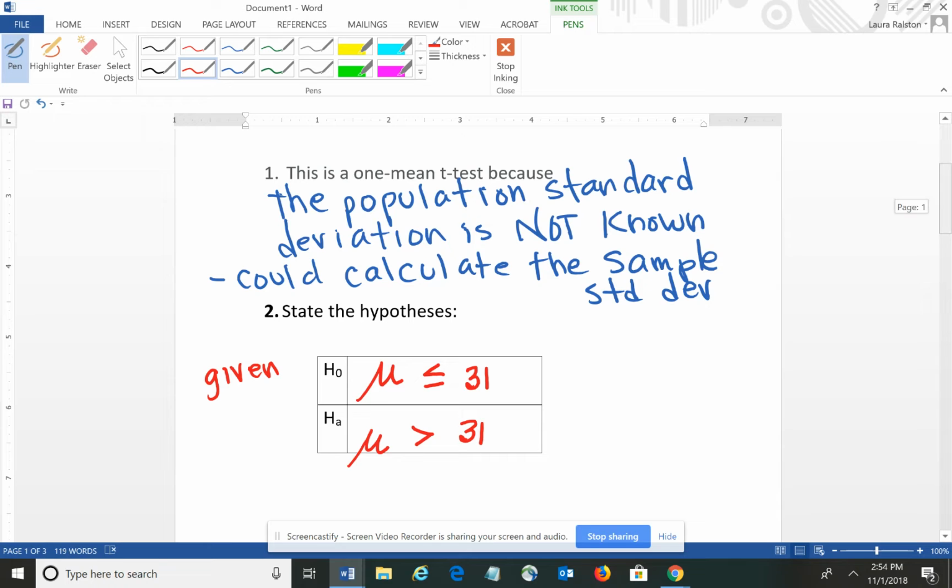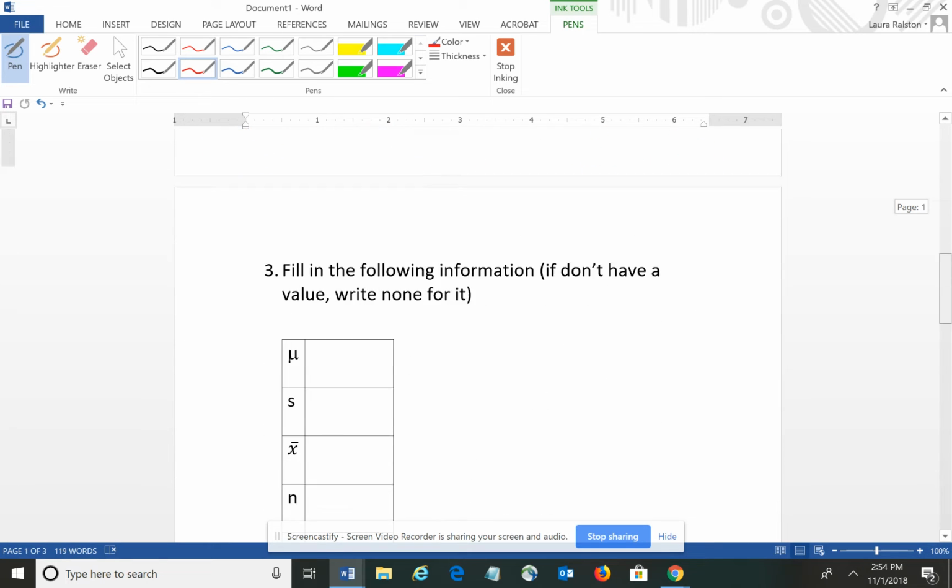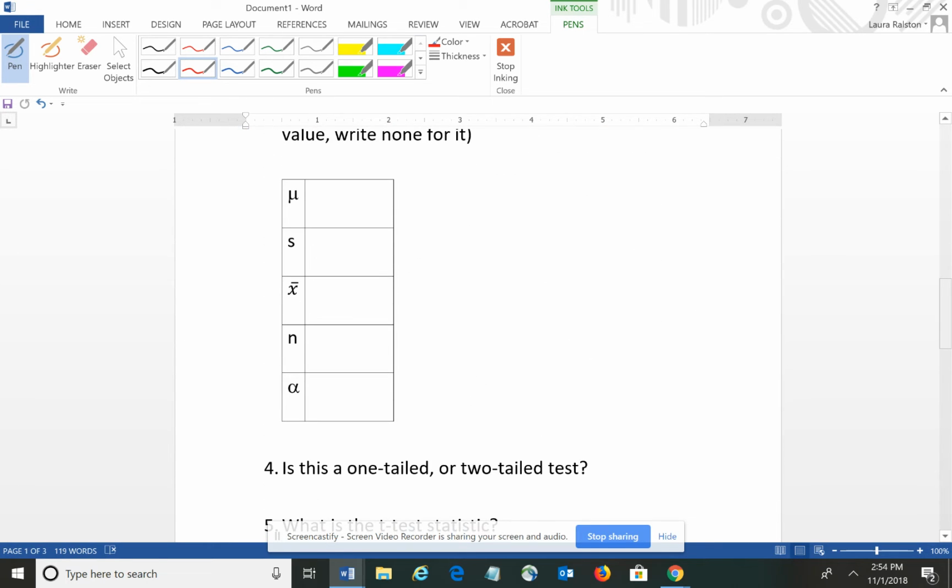Then in the next step, we want to identify the information from the problem. We have the population mean, which is mu, is the value in the hypothesis, and in this case is 31.